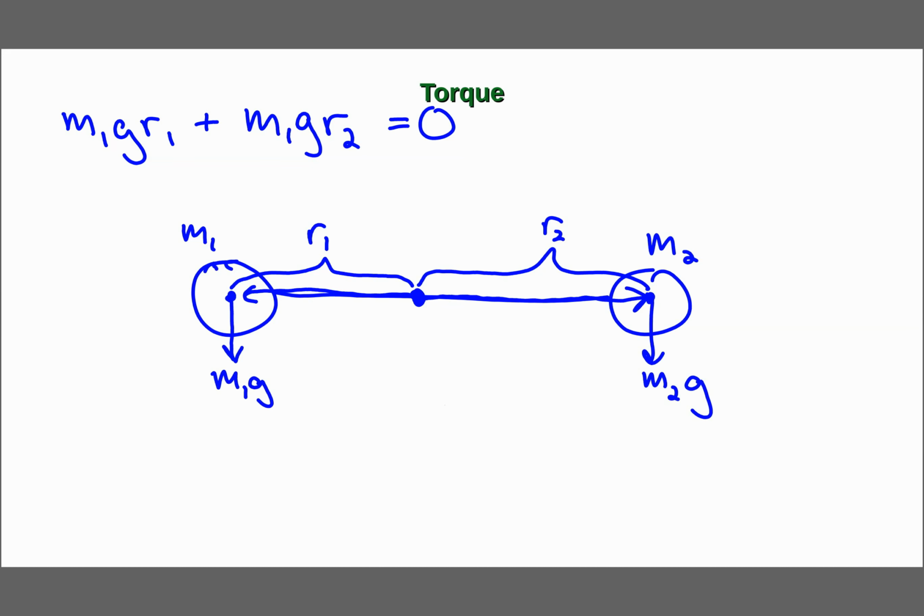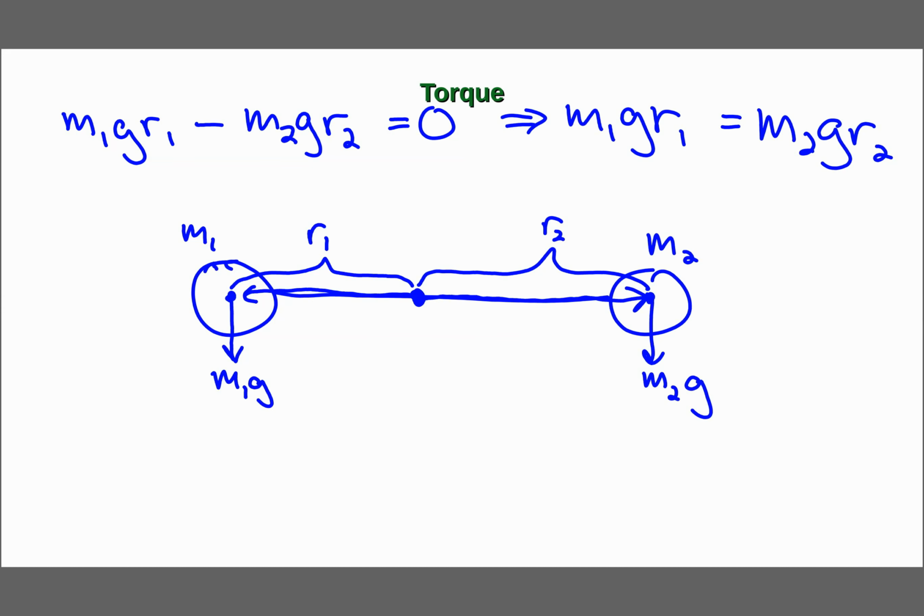So these two torques are going to have opposite signs, so there's going to be a minus between them. So in other words, what I need for this to balance is for m1g r1 to equal m2g r2, okay?